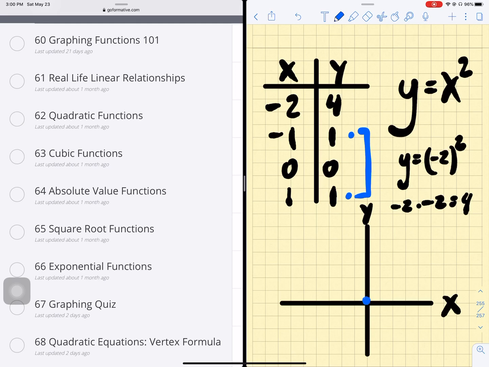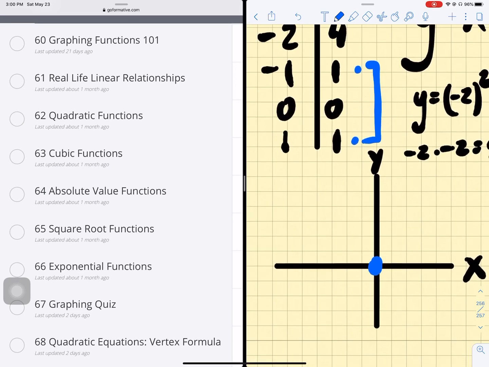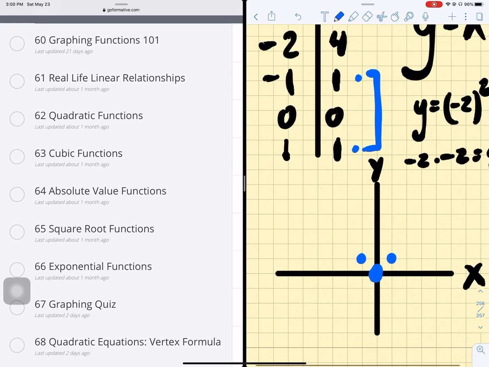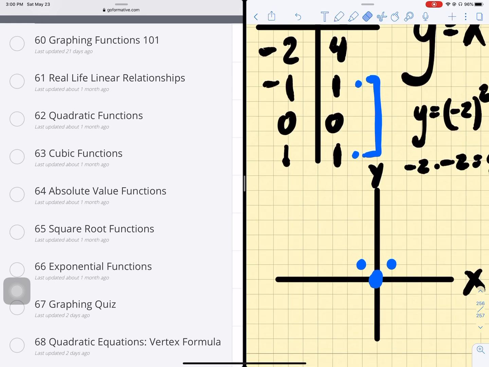So this is going to make a parabola. All right, I already have 0, 0 locked in here. But 1, 1, and -1, 1 are right there. And -2, 4 is here. And also 2 squared is also 4. So it looks like this.